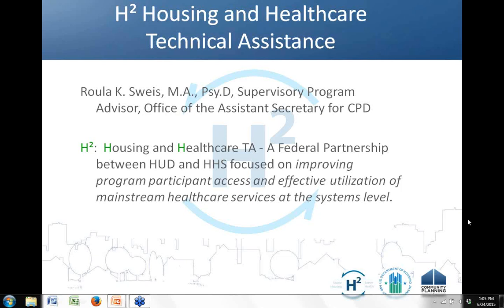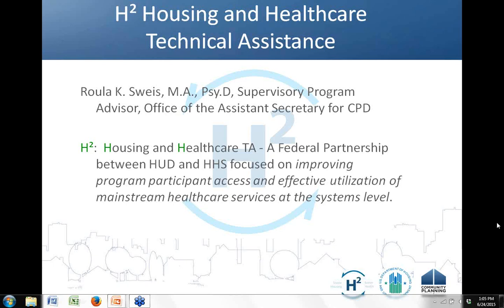We know that individuals experiencing homelessness, especially chronic homelessness, overutilize acute healthcare facilities like emergency room departments. A disproportionate share of healthcare spending in the U.S. is used to provide care to a relatively small group of patients.